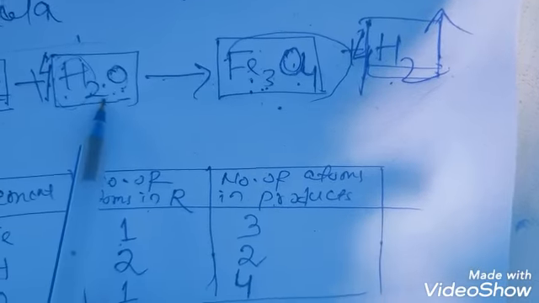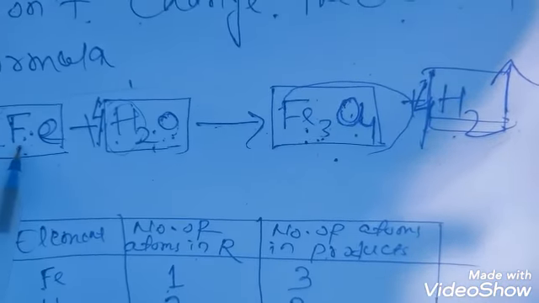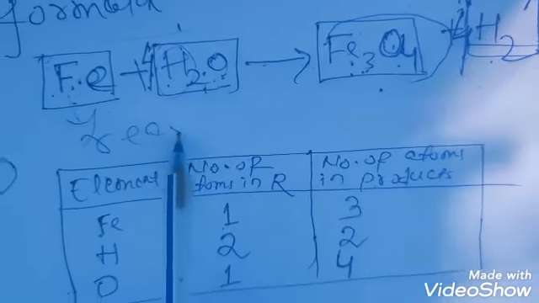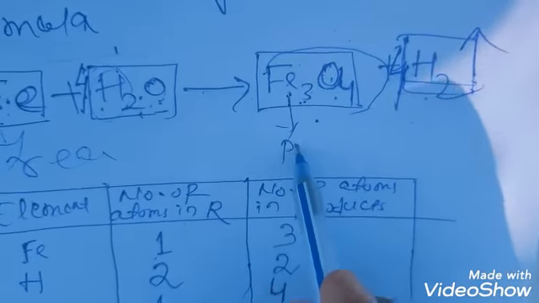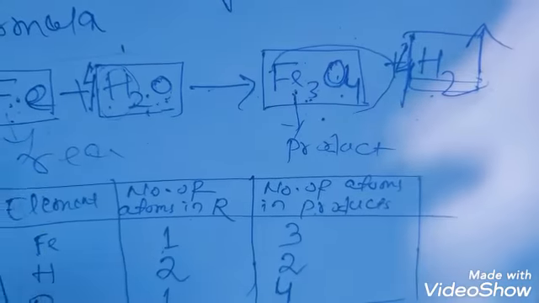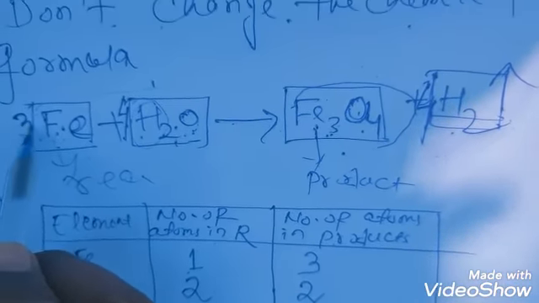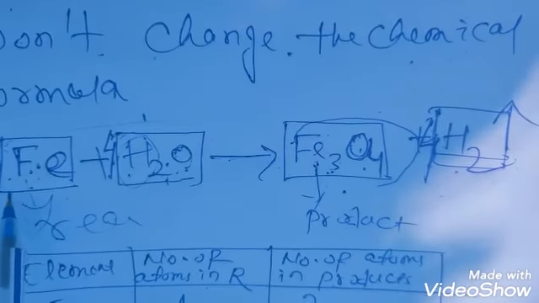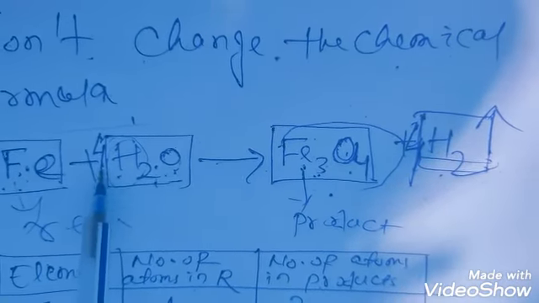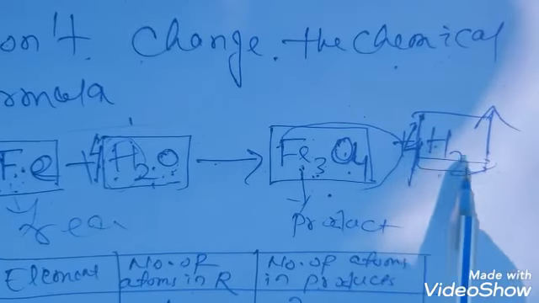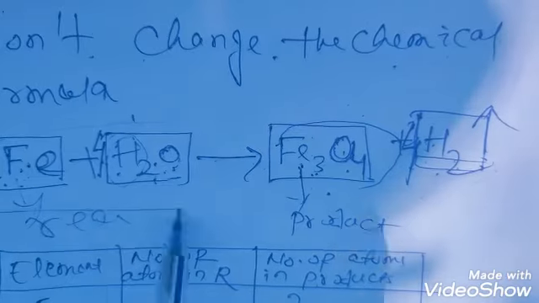But there is only 1 ferrum on the reactant side and 3 ferrum on the product side, so we multiply 3 before the ferrum atom on the reactant side. So 3Fe plus 4H2O. 4H2O means 4 into H2, 8 hydrogen atoms. Here also 4 oxygen atoms. So it is completely balanced.